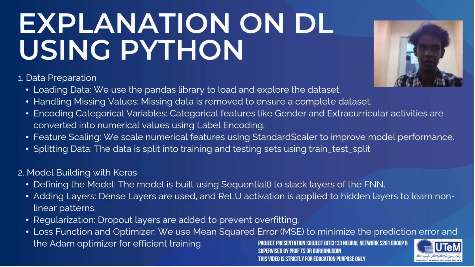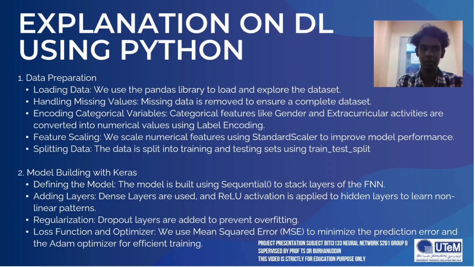And then to encode categorical variables, we use features like gender and extracurricular activities to convert to numerical values using label encoding. And then for feature scaling, we scale the numerical features using standard scaler to improve model performance. And then to split the data, we split the data into training and testing using train test split function.